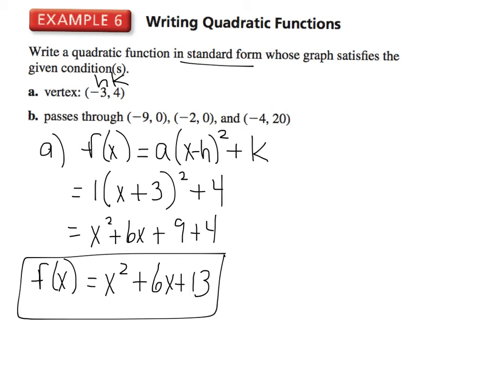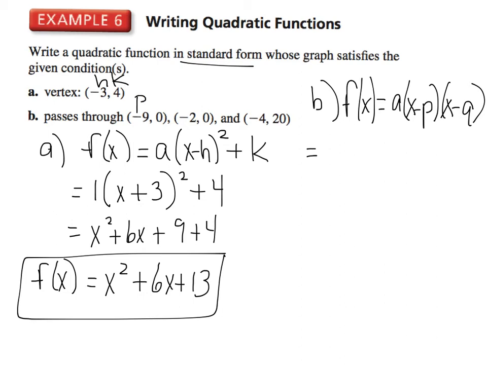So let's go to the second one. B passes through negative 9, 0 and negative 2, 0 and negative 4, 20. We don't know the vertex. So we're going to use f of x equals intercepts, which is a multiplied by x minus p and x minus q.